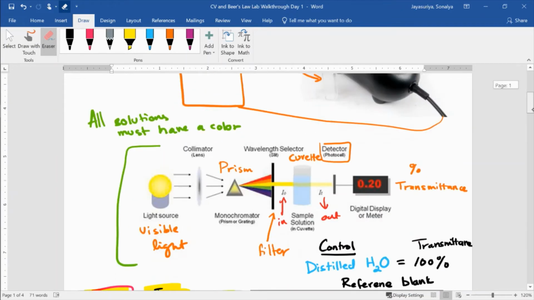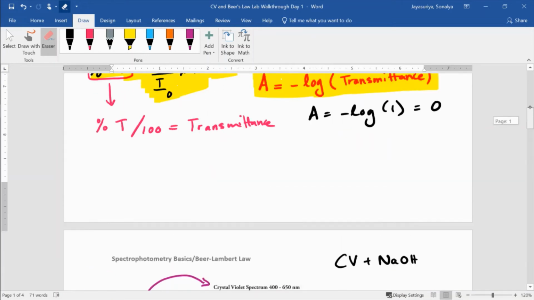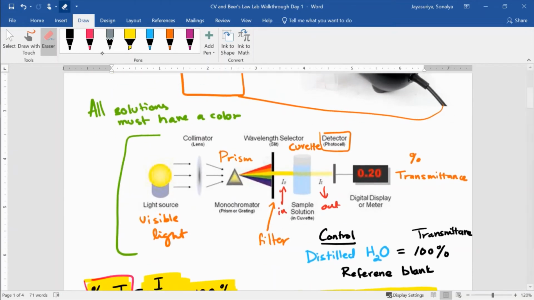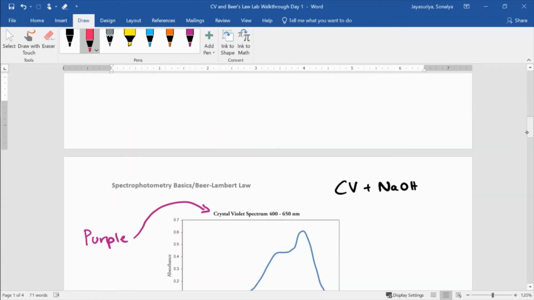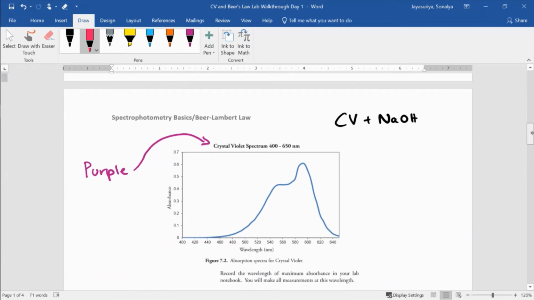Now you might be like, why do I have to set it to a setting? Because you are trying to filter out the wavelengths of light. Remember, there's a filter here that filters out the wavelengths of light, right? You're trying to filter out those wavelengths of light that crystal violet does not absorb. And you might be like, well, if it doesn't absorb, it doesn't matter. It does, okay?